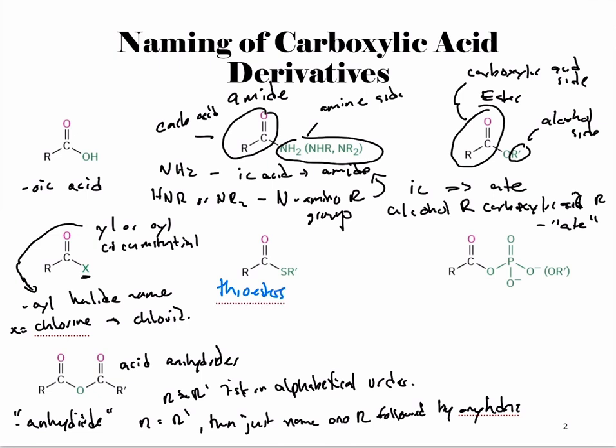Right, and so thioesters are going to be similarly named to everything else we talked about, replacing the ic ending. If it has a systematic name with oate or carboxylate, it's replaced by thioate or carbothioate.